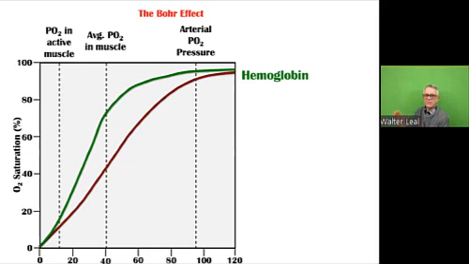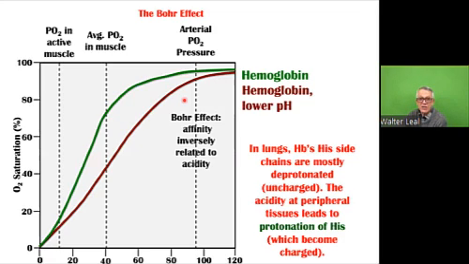That's a very important historical observation. If you lower the pH, we shift this curve to the right. Now we know why that happens, but in those days it was only an experiment, an observation, without knowing the mechanism yet. So it's called the Bohr effect.